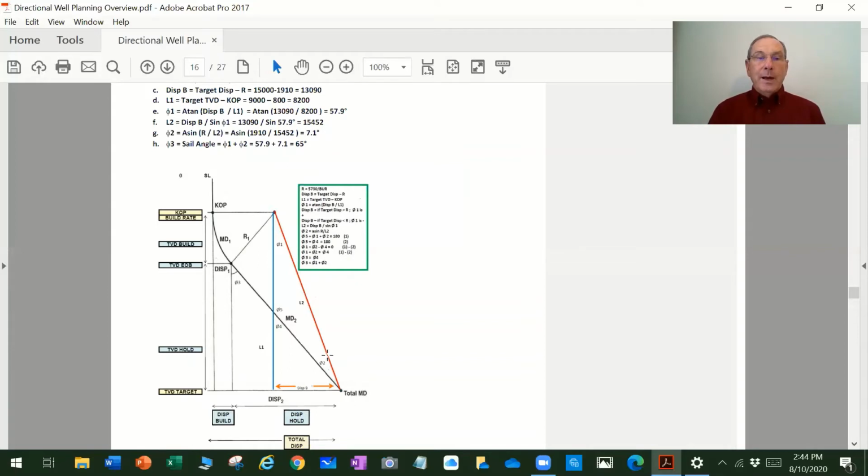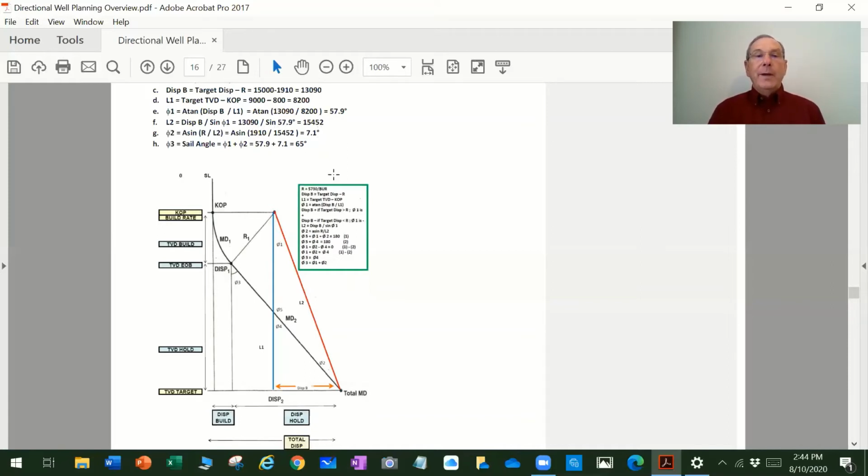So we just calculated the value for L2. And now we can calculate angle number 2. Angle number 2 is the arcsine of R, this side, divided by this length, which is the hypotenuse for that circle. So it's going to be the arcsine of 1,910 divided by 15,452, which gives us 7.1 degrees.